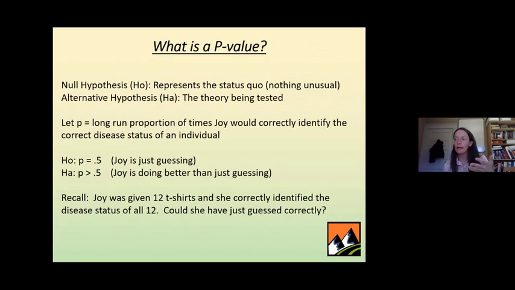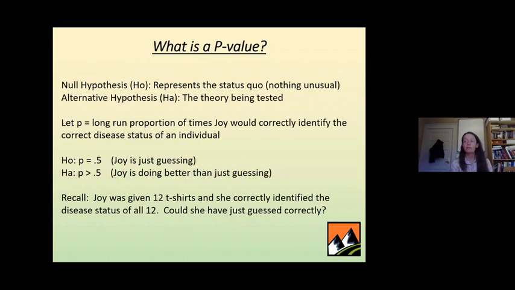So in hypothesis testing, we have a null hypothesis and an alternative hypothesis. The null hypothesis represents the status quo, nothing unusual, and the alternative is the theory that's being tested.